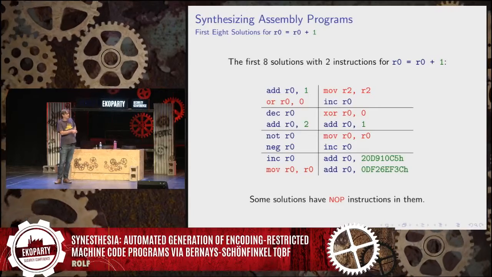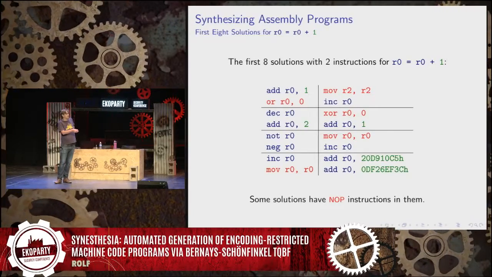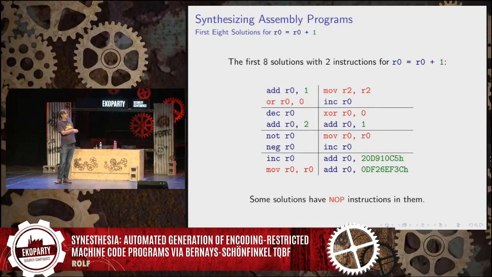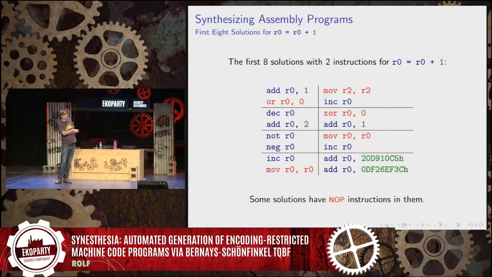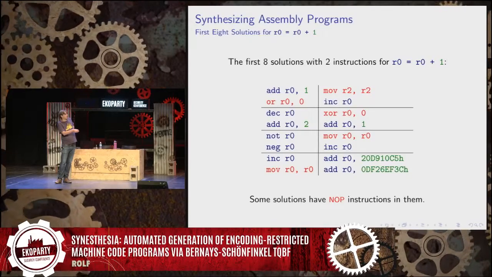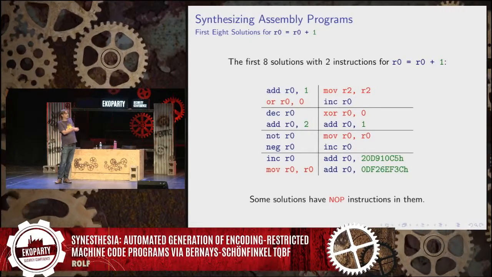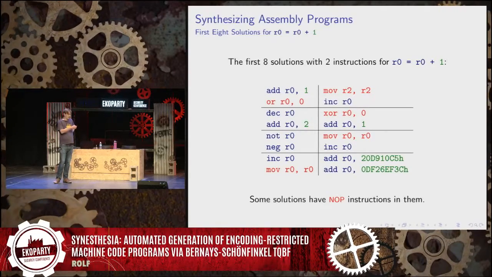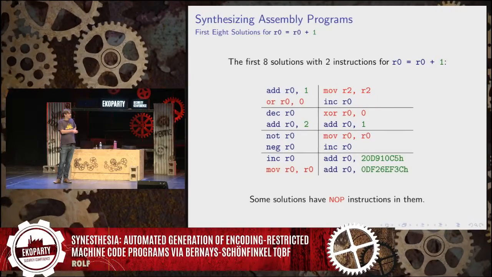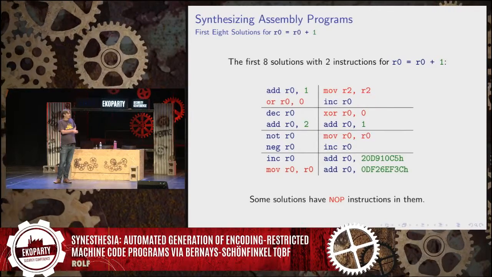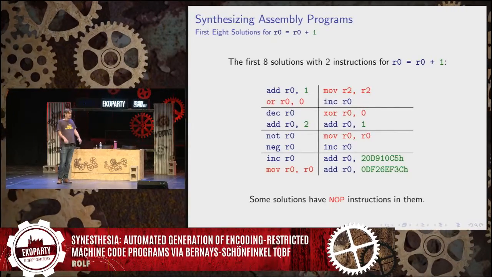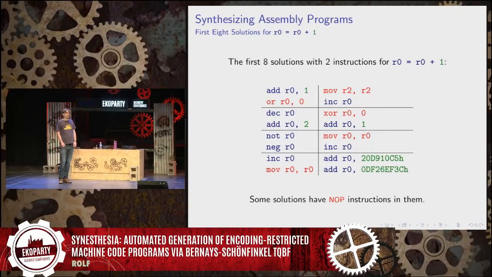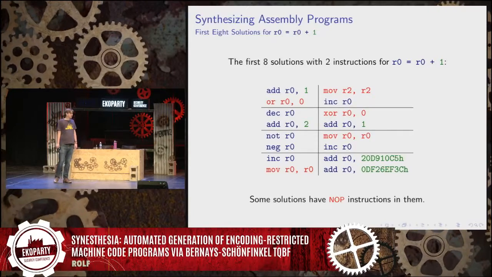But then we can see it rediscovers the trick we saw in the C case, for example. It has not R0 followed by neg R0. And then it also finds that if I decrement R0 first and then add 2 to it, that's the same thing as adding 1. And if I add some number and then add some other number, where the 2 numbers add together to 1, then that's the same thing as incrementing by 1.